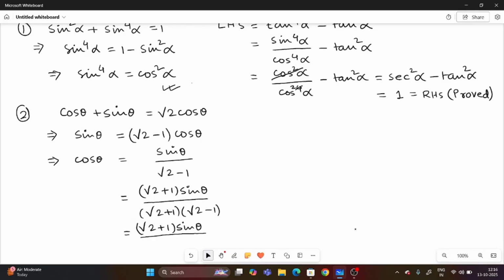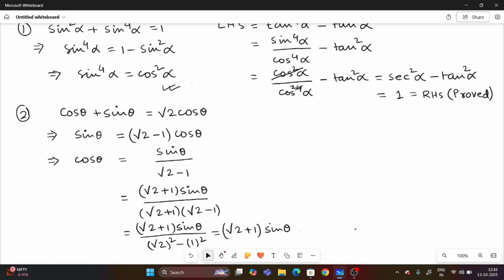This is of the format a plus b into a minus b, so a square minus b square. The denominator becomes 1. So the value of cos theta is root 2 plus 1 into sin theta.